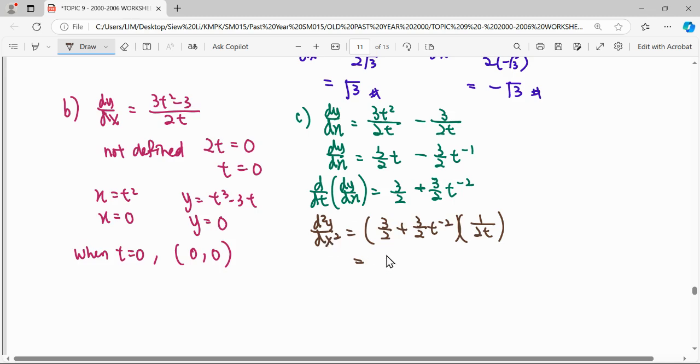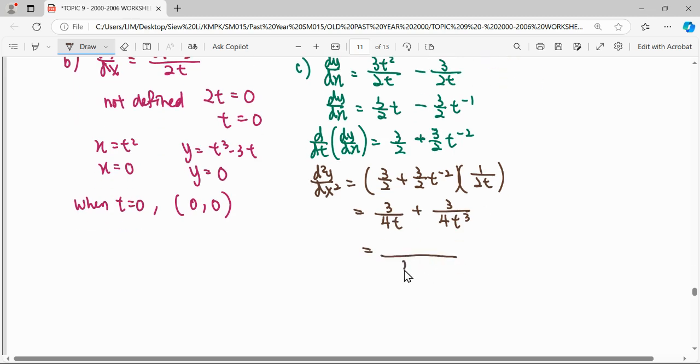When we multiply it, it will be 3 over 4t plus 3 over 4t cubed. Alright, so we don't leave our answer in two fractions. We make the denominator the same, 4t cubed. So this one will be multiplied by t squared in order to get the same denominator, 4t cubed. So 3t squared plus 3. And some more, 3 we can factorize out.